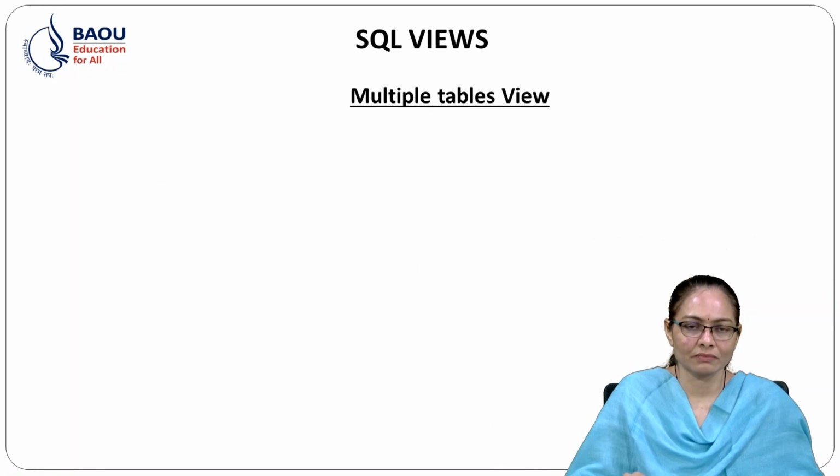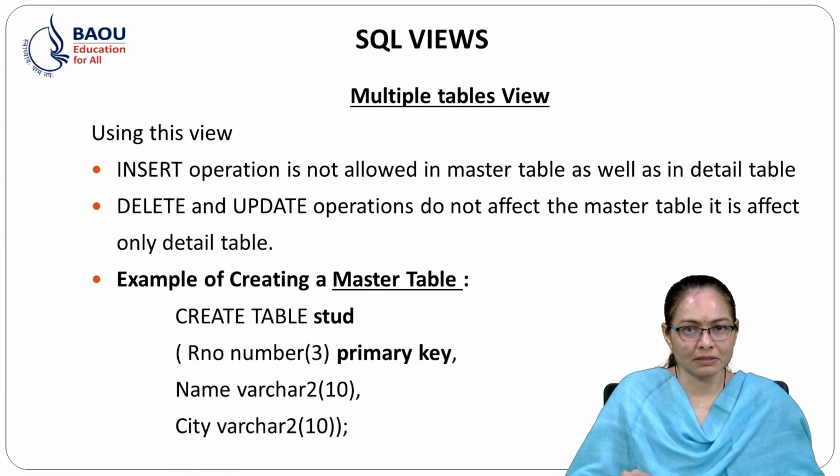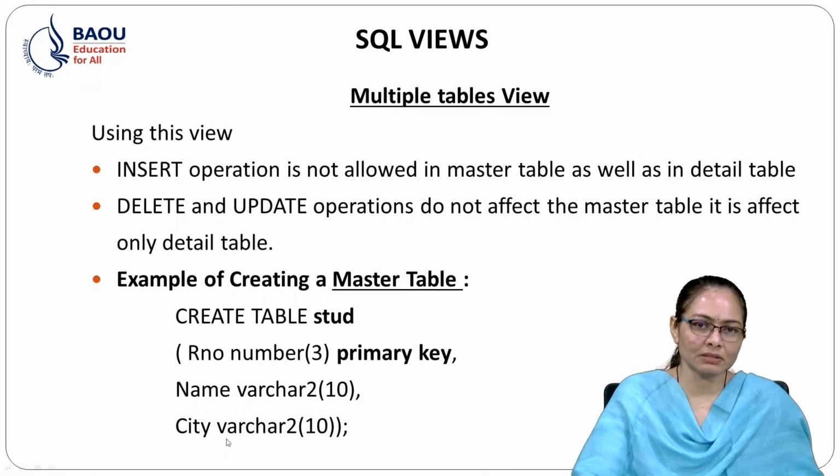Multiple table views. Using this view, insert operation is not allowed on the master table as well as the detail table. Delete and update operations do not affect the master table; they affect only the detail table. For example, creating the master table: the master table includes the primary key, and is called the master table or parent table.